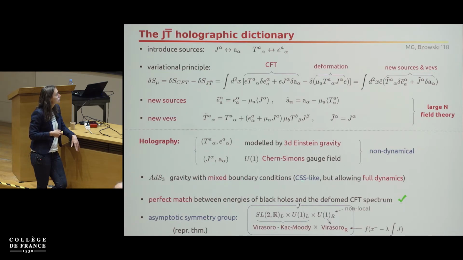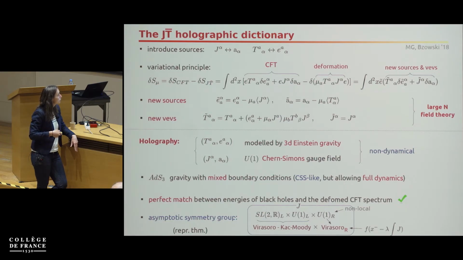In the metric sector, for the experts, these boundary conditions look very much like Compère-Song-Strominger boundary conditions. But unlike those, because we have this extra U1 Chern-Simons gauge field, we actually can allow full dynamics of the matter fields. So we have some boundary conditions that make sense. And again, we can get a perfect match between the energies of the black holes and the deformed CFT spectrum.